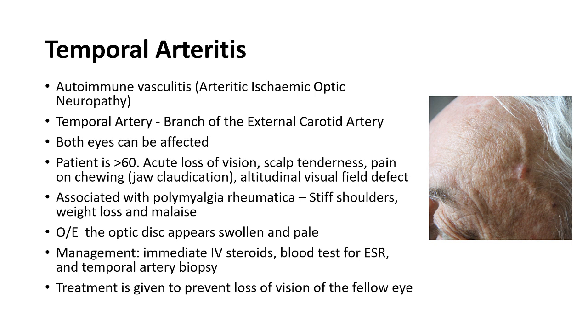Both eyes can be affected. Loss of vision in one eye is irreversible, and immediate management is necessary to prevent loss of vision of the fellow eye. Patient is typically above 60 years of age.